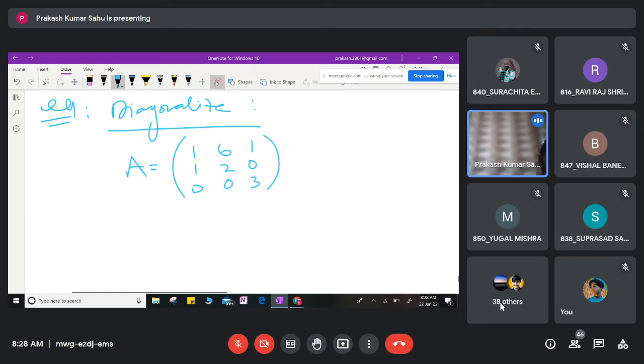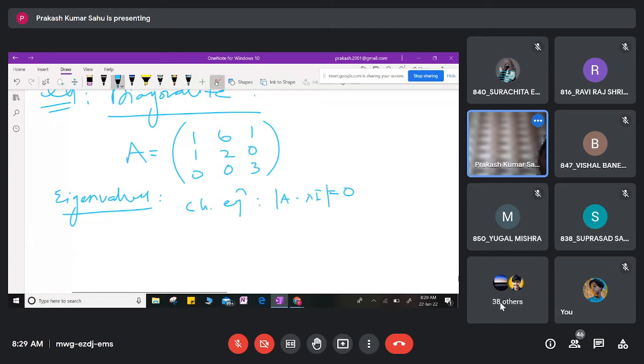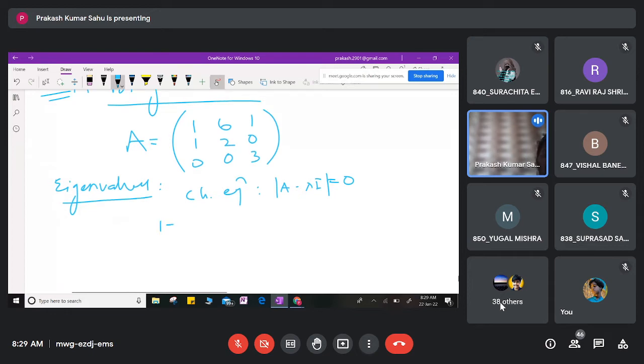So the characteristic equation is what? A minus lambda I, determinant equal to 0. So now this is 1 minus lambda, 6, 1; 1, 2 minus lambda, 0; and 0, 0, 3 minus lambda. This determinant equal to 0.